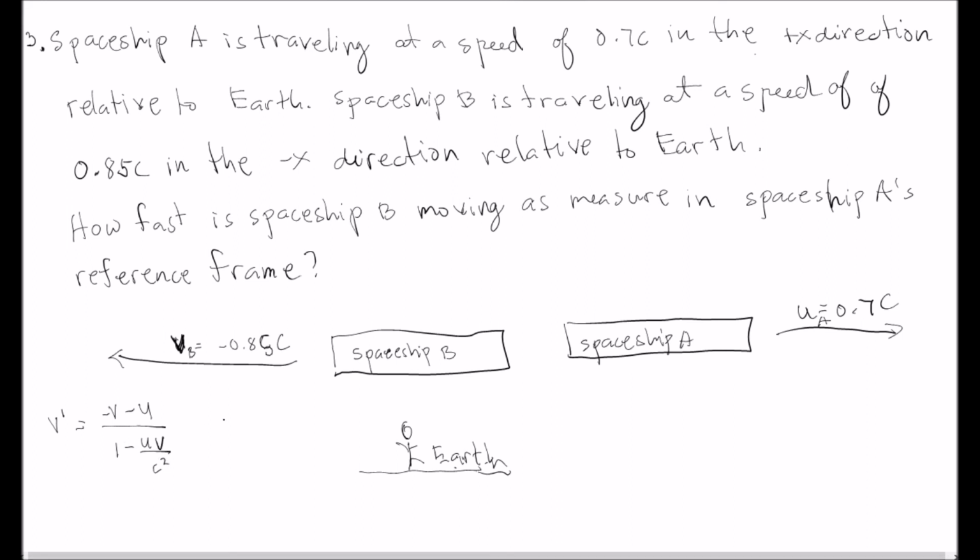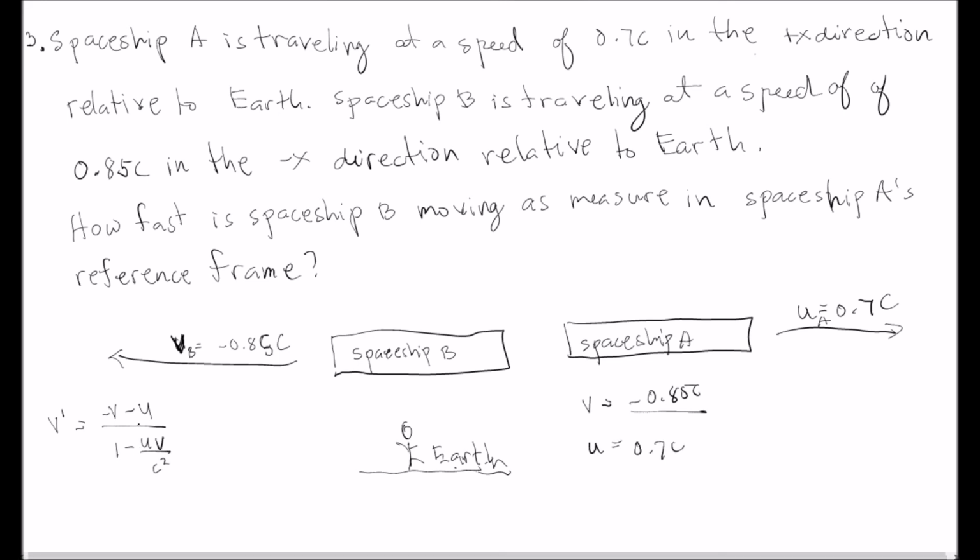Then what is v here? Negative 0.85 c. The moving frame is u, and that is 0.7 c.